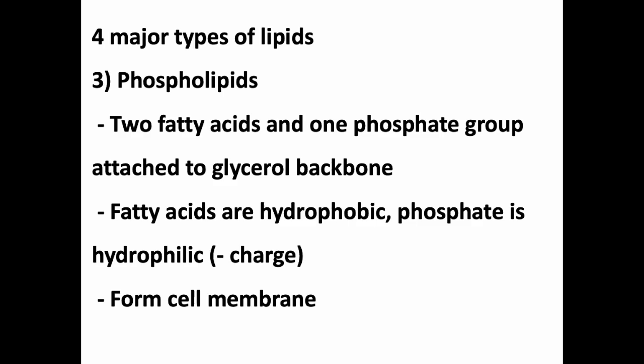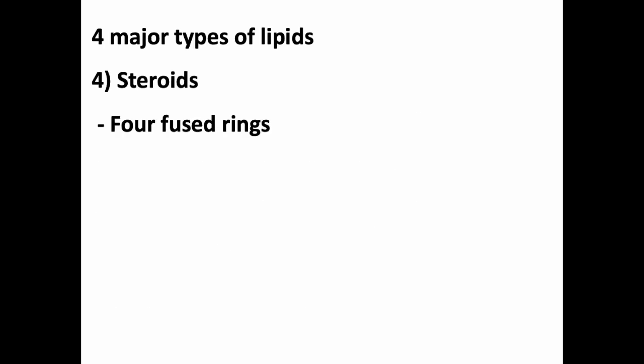Okay, one more type of lipid. Number 4, steroids. So this is a really weird one, both in structure and in function. So for the first time, we don't see a big, long, fatty acid tail that could be saturated or unsaturated. Steroids instead are 4 fused rings.